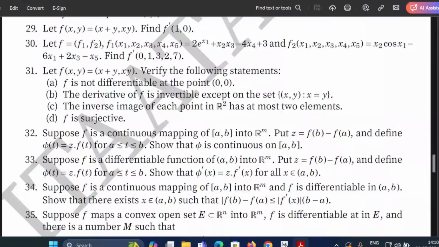So, what will be the order of the matrix? 2 cross 3 or 5? 2 cross 5.